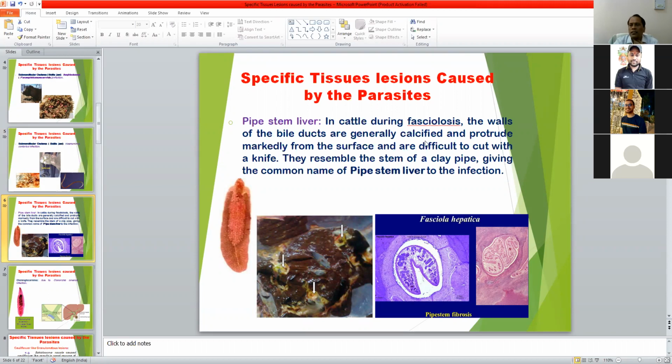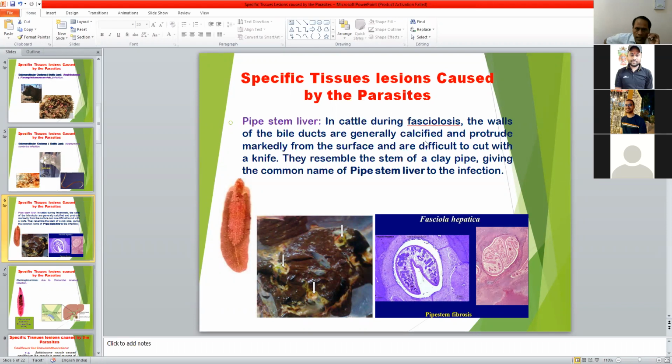In the bile duct, deposition of calcium occurs that leads to hardness of the bile duct. So the bile duct is difficult to cut with a knife and resembles a clay pipe. So this is known as pipe stem liver.